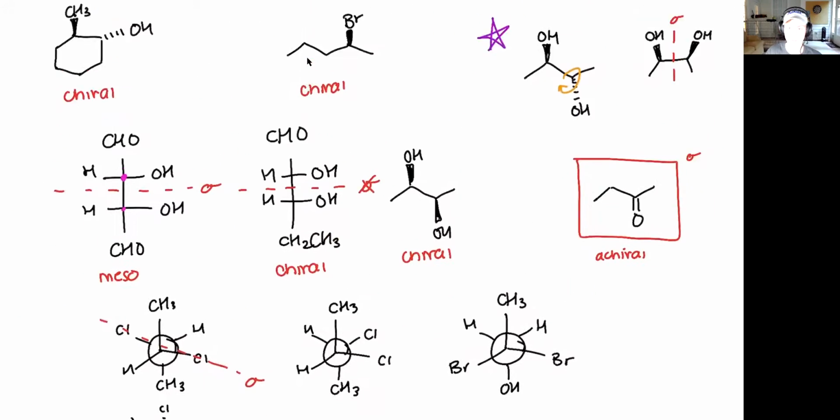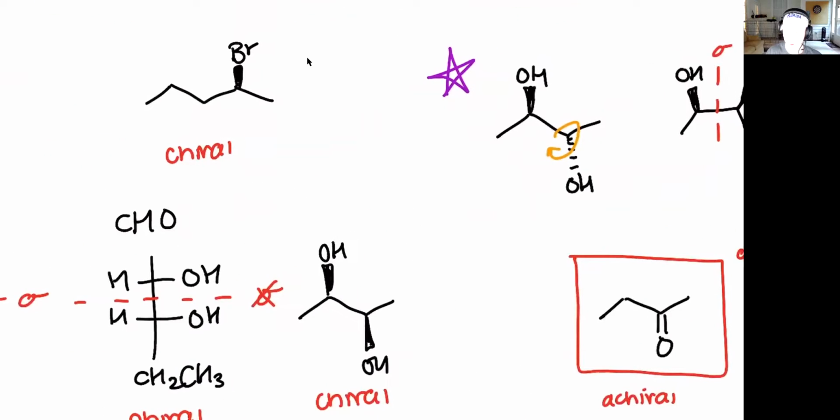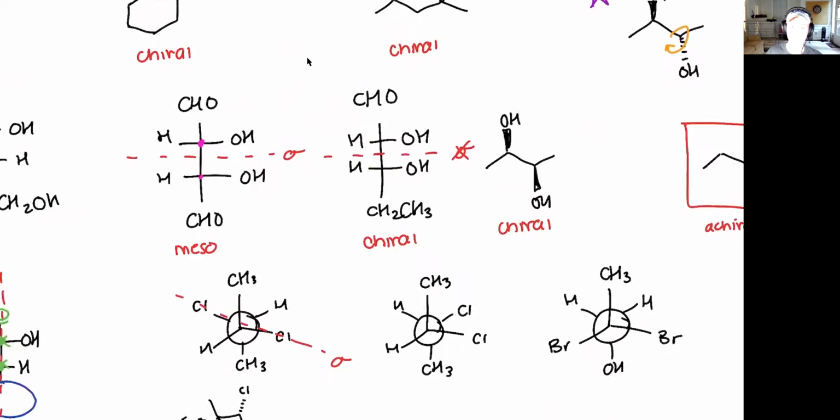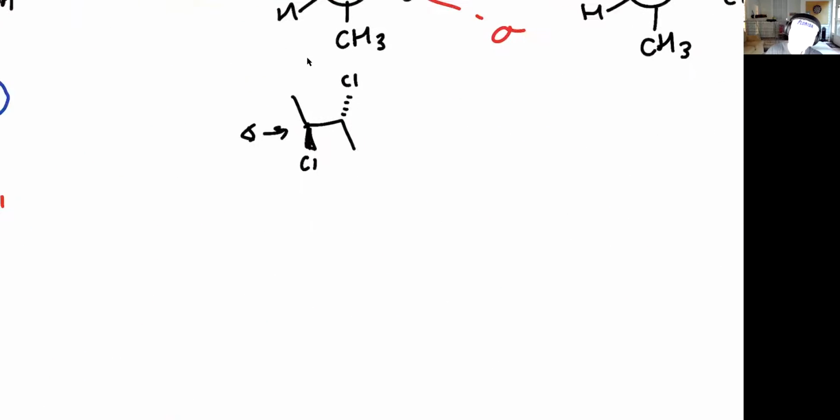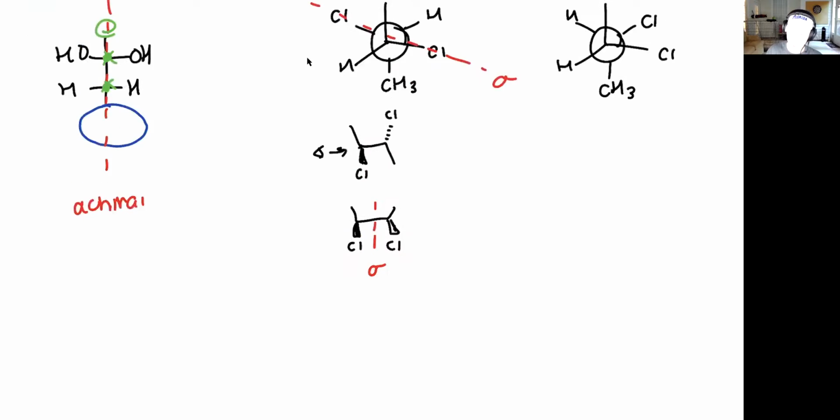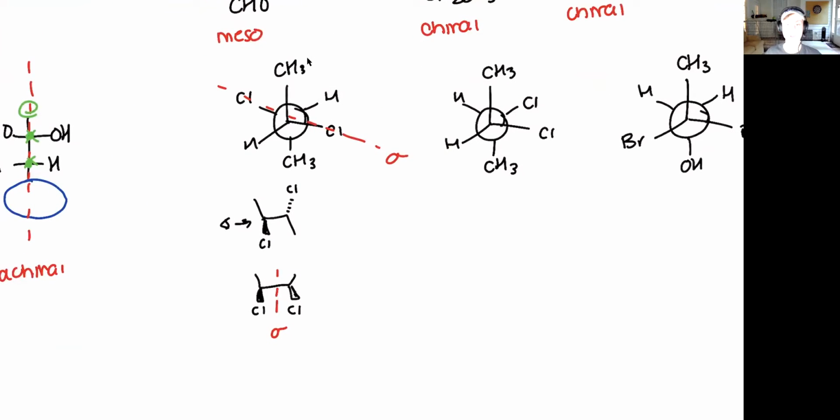And similar with the alcohol, we can rotate, and there lies the plane of symmetry. So with the Newmans and the Fishers, if you're not super comfortable and you're more comfortable in line angle, convert to line angle so that you don't make that mistake.